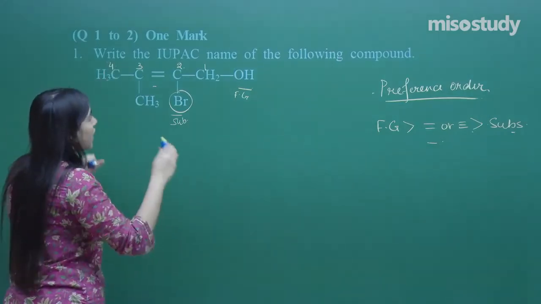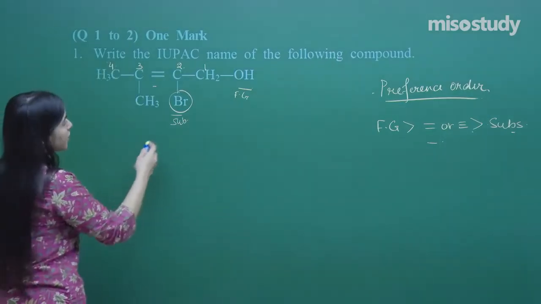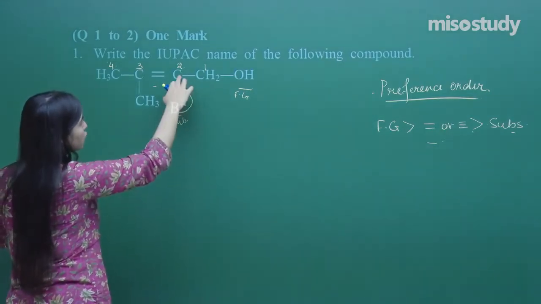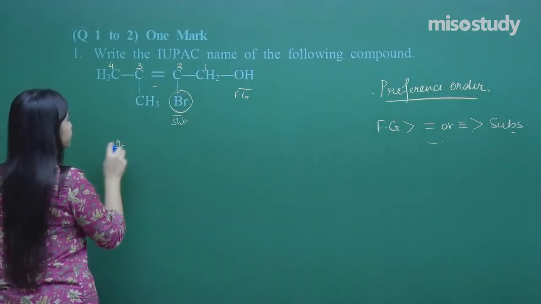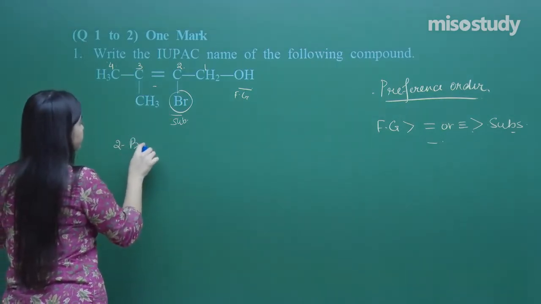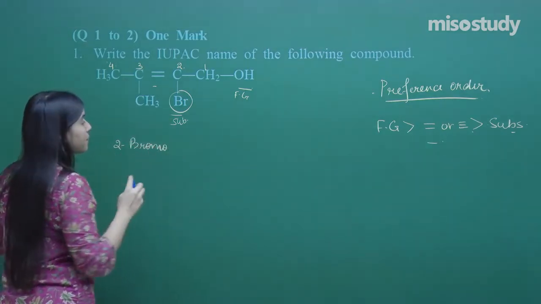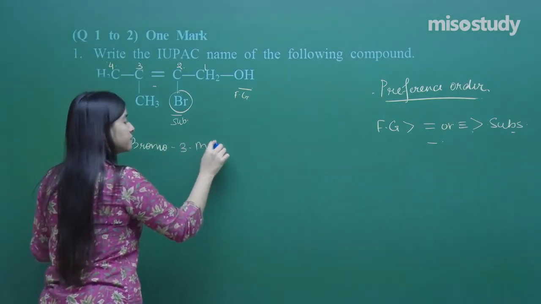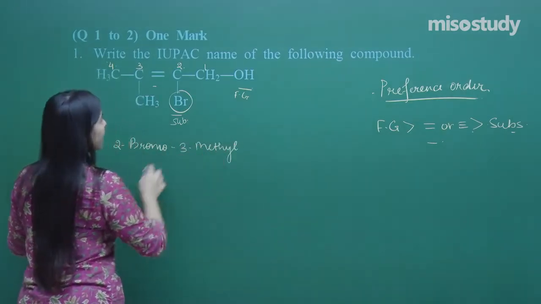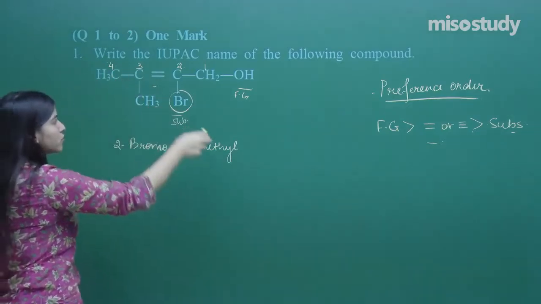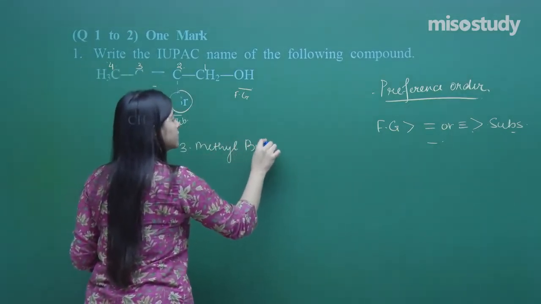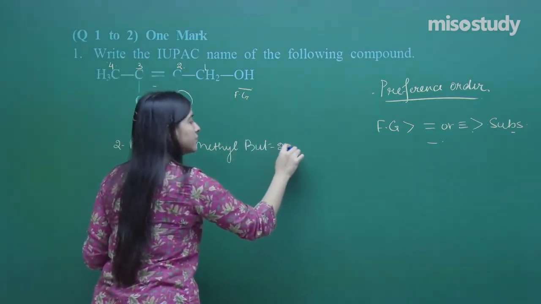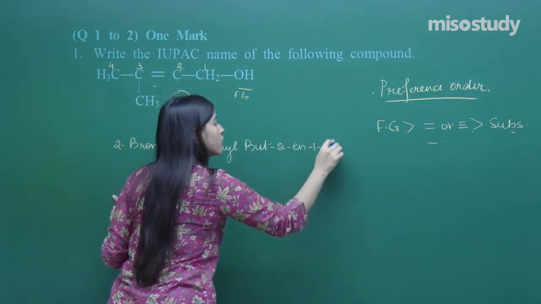Expand your perspective, how you see things. Fine. Now what will happen? Yeah, the name. So it is what? 2-bromo, right? I'll be going by the alphabetical order: 2-bromo, 3-methyl, and finally 1, 2, 3, 4 but, 2-ene, 1-ol.